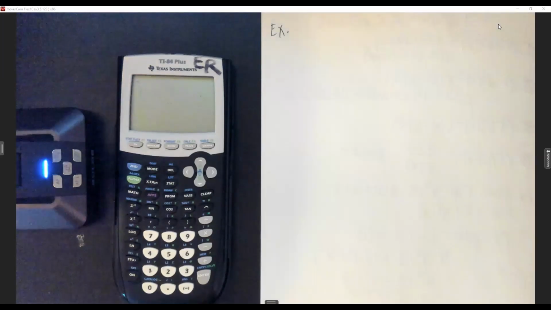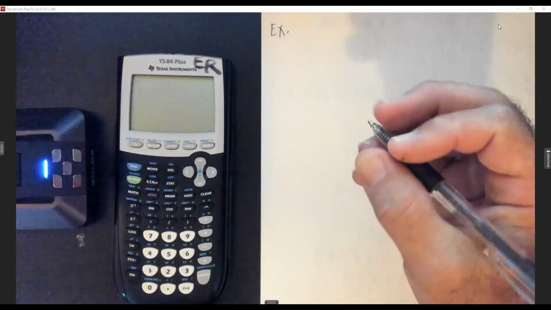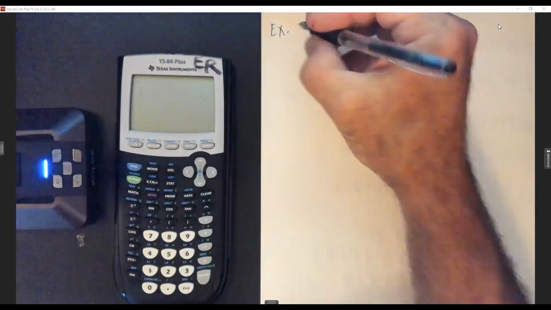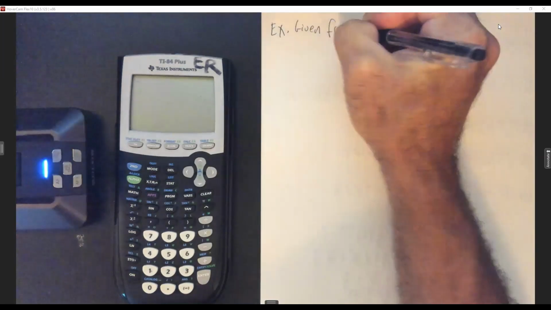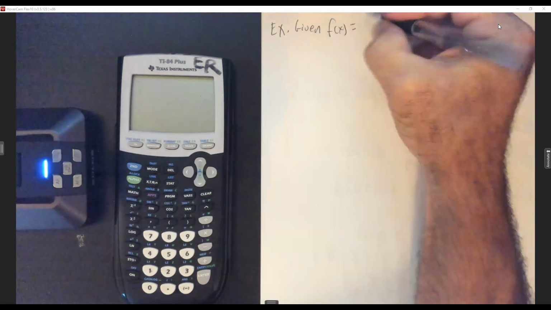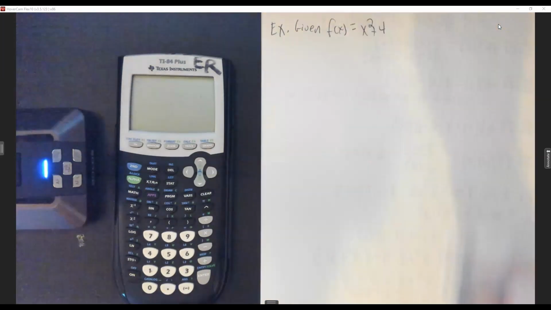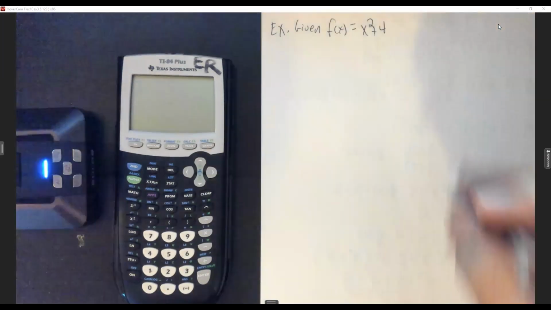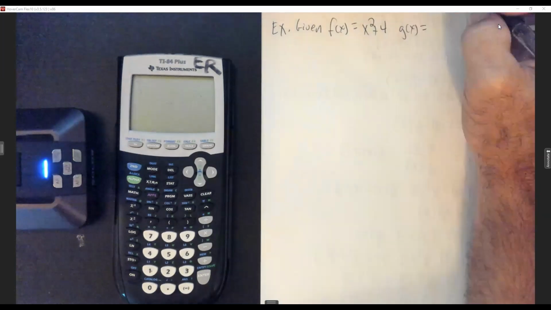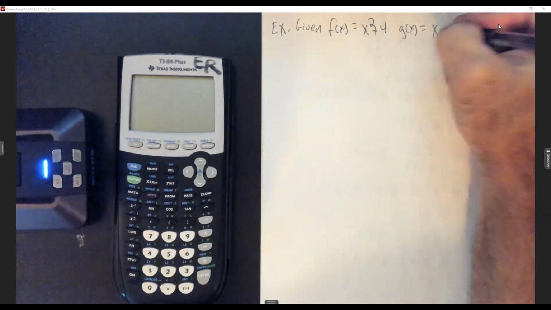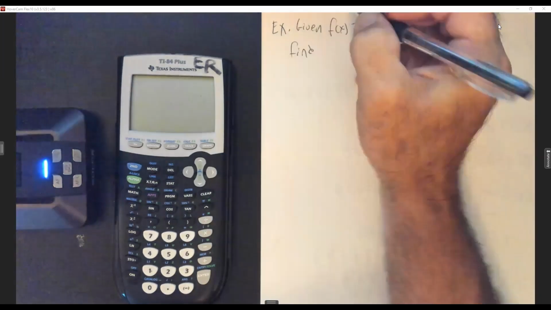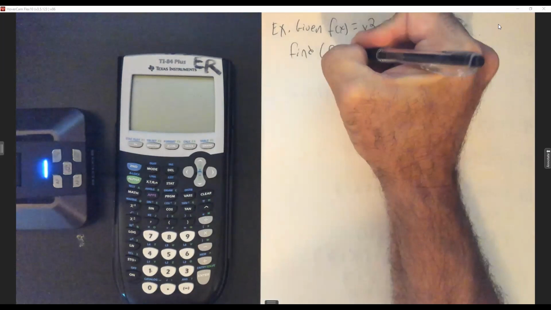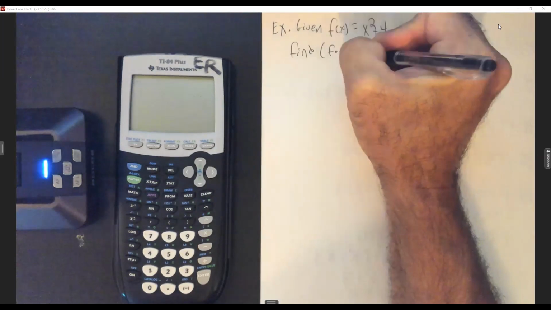Okay. All right, so here's one that looks like multiplication. They're given f of x equals x squared plus 4, g of x equals x minus 1. We're going to find f times g of x.